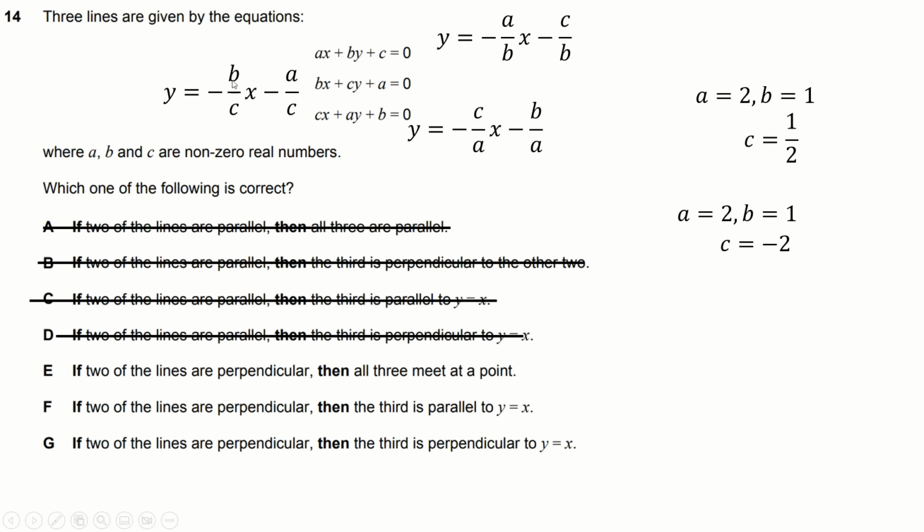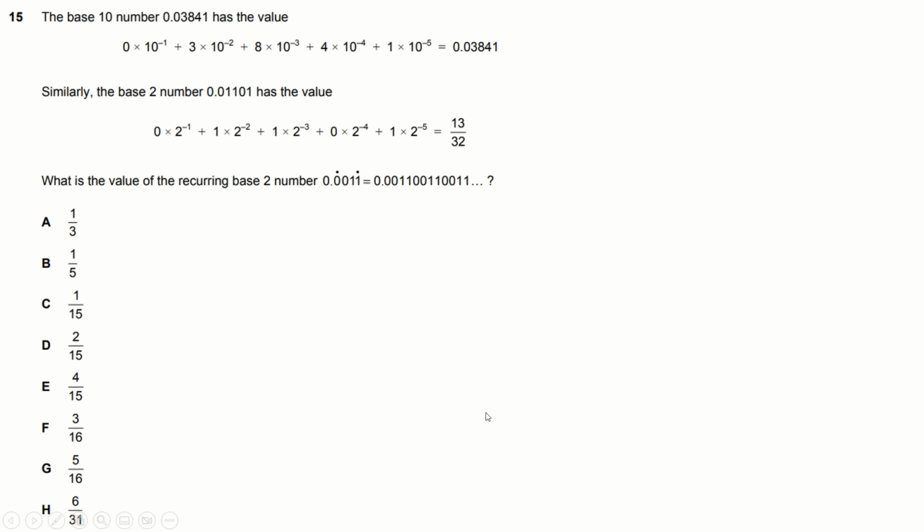So it'd be a half here and -2 there, so that's good. Let's check what happens with the last gradient. It's going to be -2 over 2, which is gradient -1, which is parallel to y equals x. It's definitely not perpendicular to y equals x, so I can cross this one off. I haven't actually concluded that it's not E, but the chances of me picking a random counterexample and getting this by accident is so low that I'm just going to underline this and go with it.